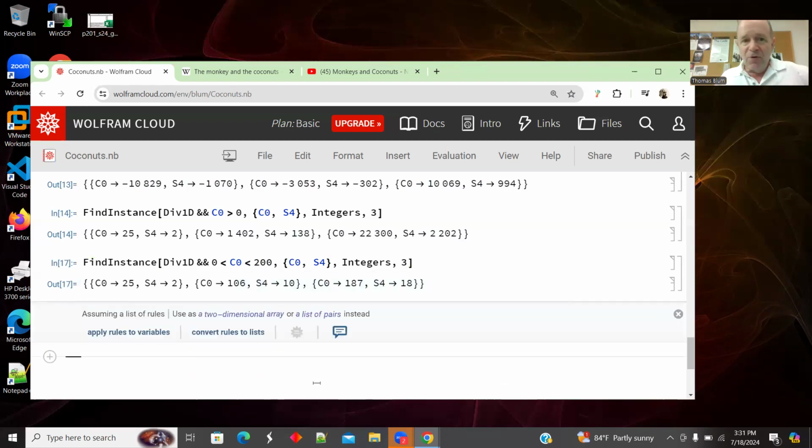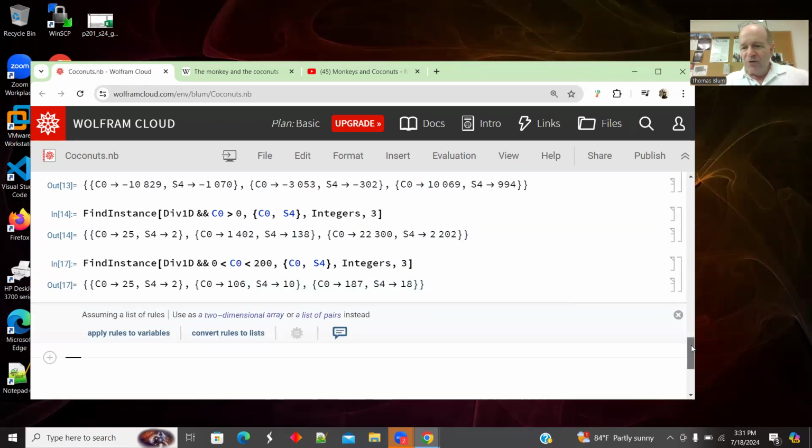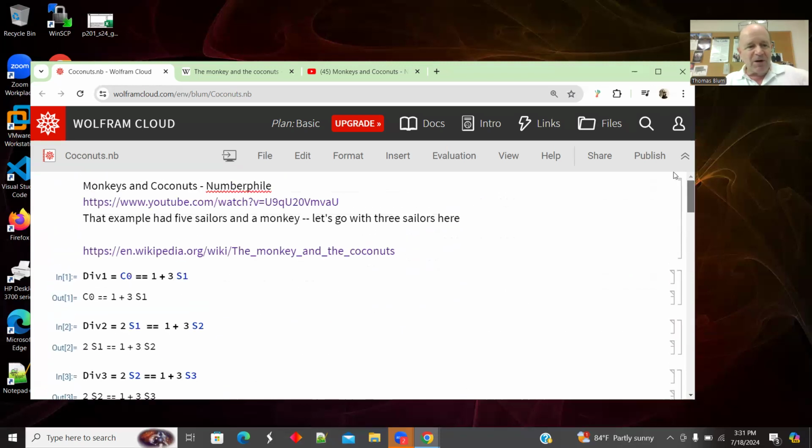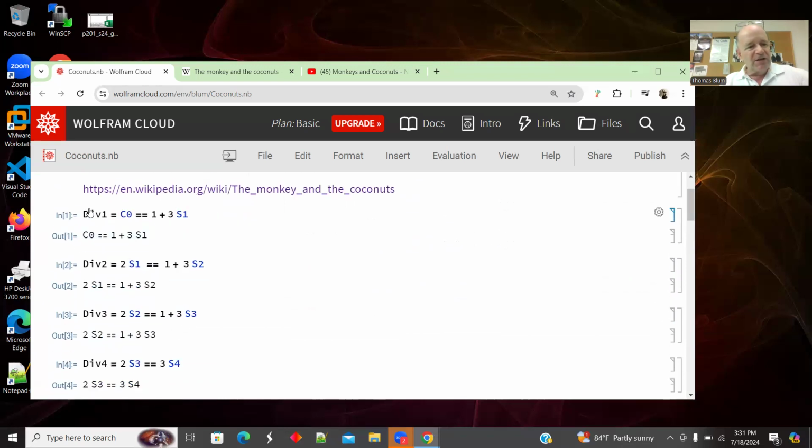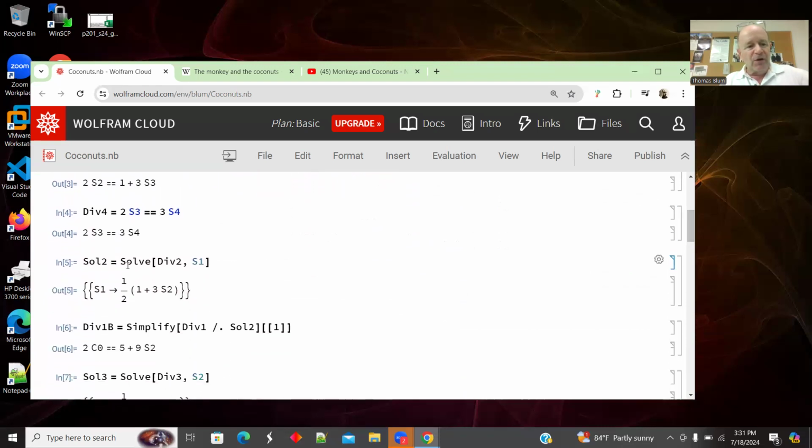Okay, so that's what I wanted to show you here, this famous problem, sort of fun, following this Numberphile. I wrote it out as a number of equations, naming the equations, and using Solve and substitute.